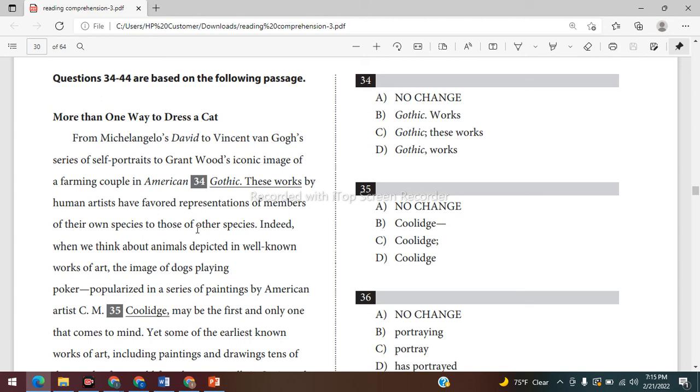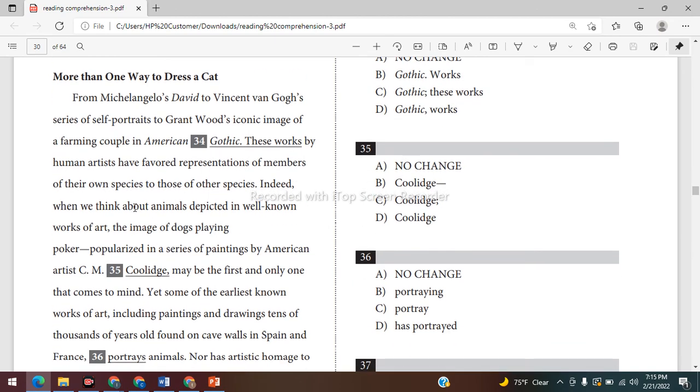From Michelangelo's David to Vincent van Gogh's series of portraits to Grant Wood's iconic image of a farming couple in American Gothic, these works by human artists have favored representations of members of their own species to those of other species.